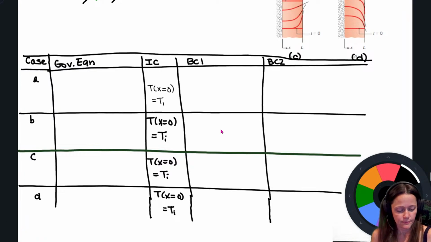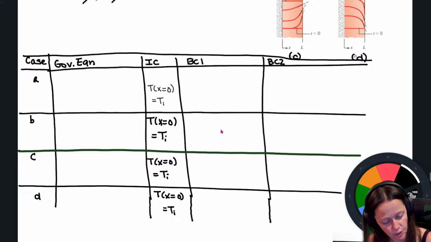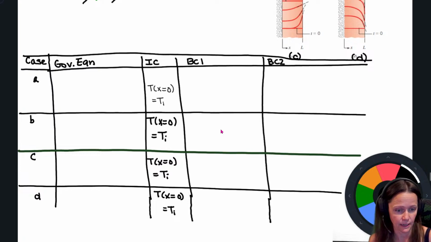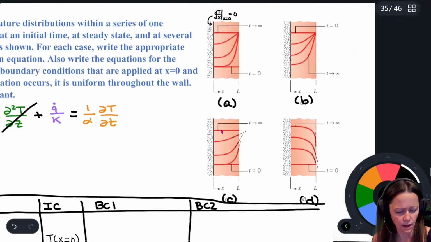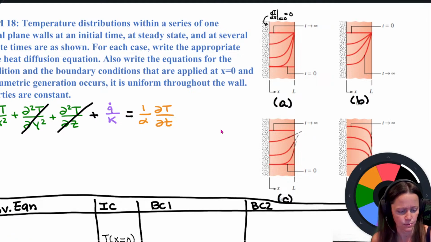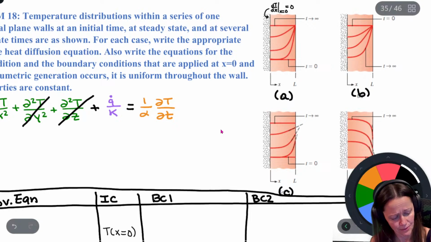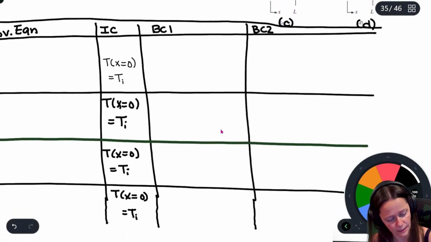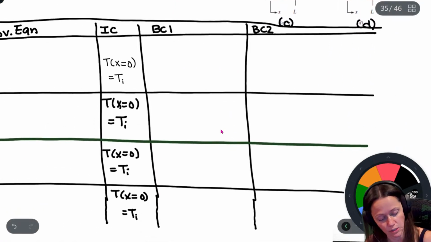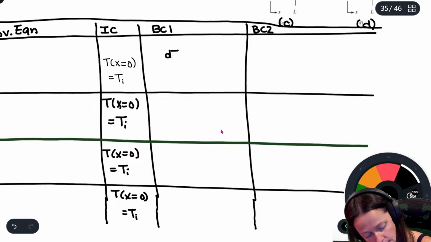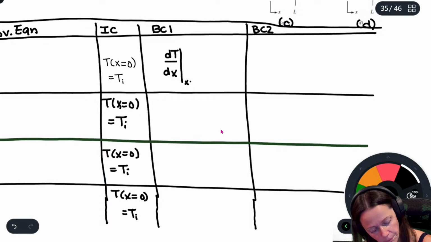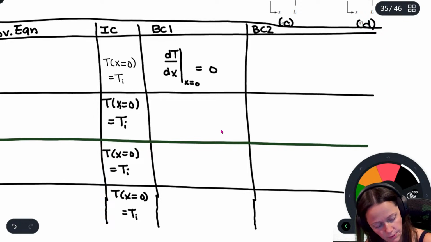And then I had already figured out that that first boundary condition was going to be that you had an adiabatic surface. In fact, if I look at every single one of those, they all have an adiabatic surface at x equals 0. So that makes things really simple, doesn't it? Let's go ahead and put that at least for all those boundary conditions. So dT/dx at x equals 0 is 0.